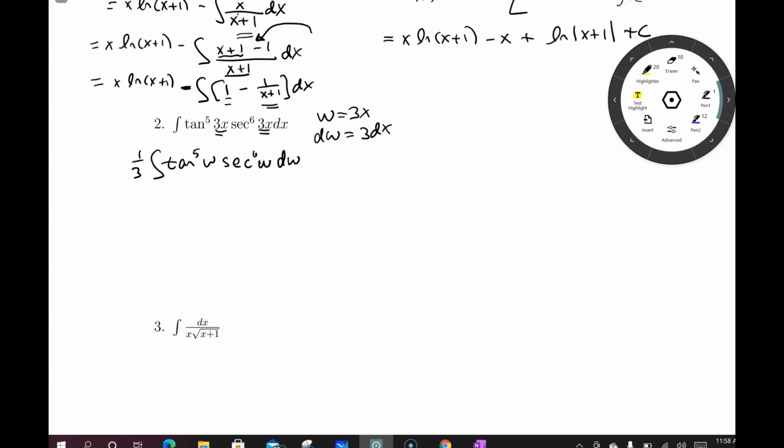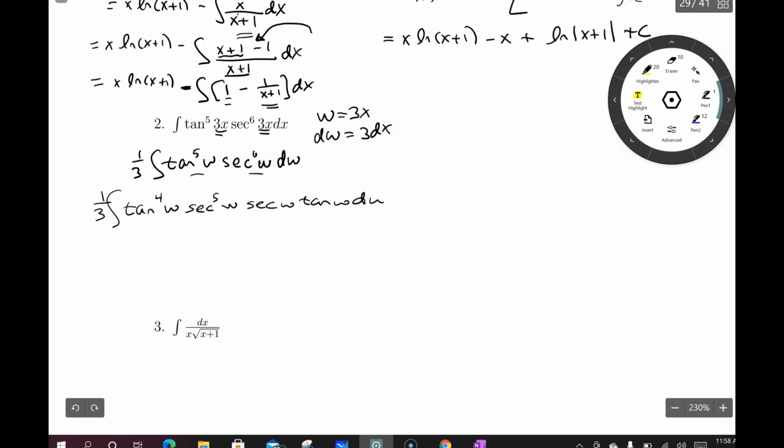I want to leave even powers. So this one here, I am going to peel off a secant and a tangent. So that would give me 4/5 secant w, tangent w, dw.